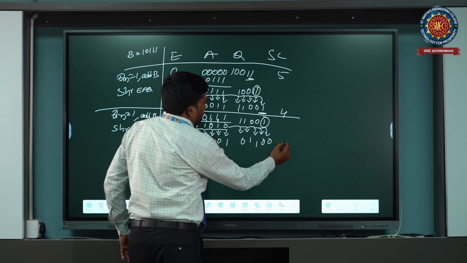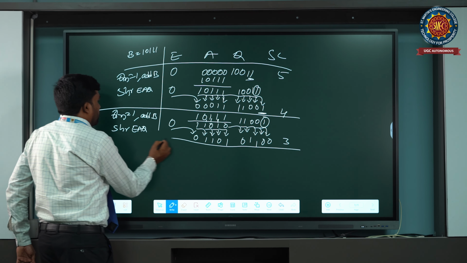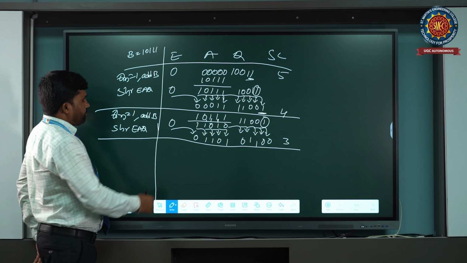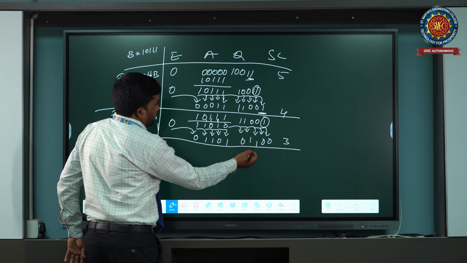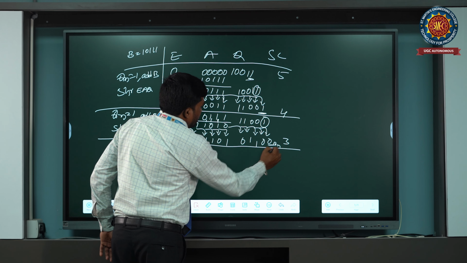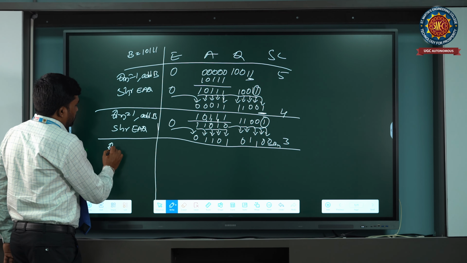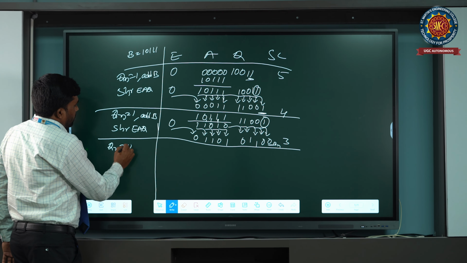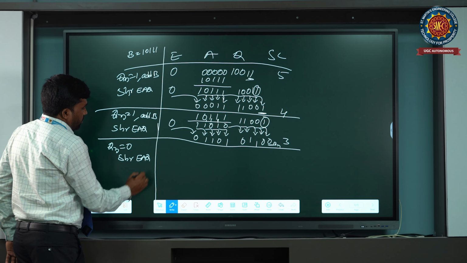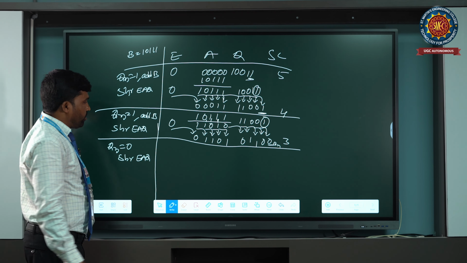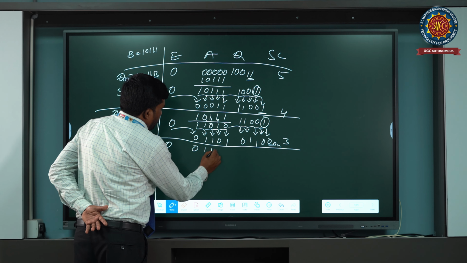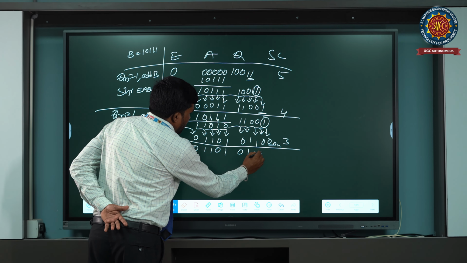Now coming to sequence counter 3. At sequence counter 3, Qn is equal to 0. Qn equal to 0 means we directly do only the shift right EAQ operation. Here 0 is there, 1 1 0 1 0 1 1 0.